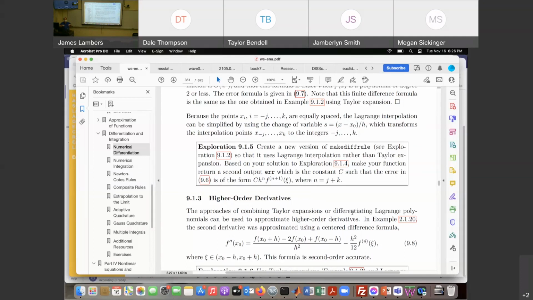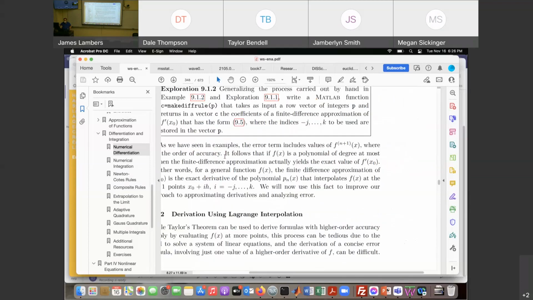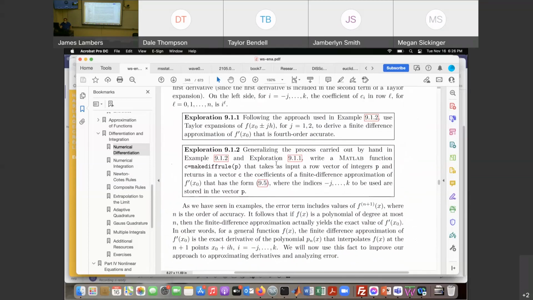Each Lagrange polynomial's derivative at x naught. So really in this case, you're doing a set of indices. If I look at the definition of make diff rule, the original one, where we have these indices from minus j to k, in other words, you're evaluating the derivative at 0.